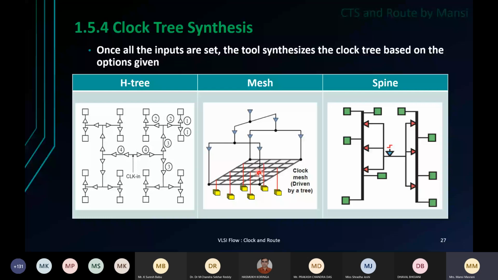Once from the main clock buffer it divides, it creates a mesh kind of structure at a certain metal layer. Let's say you have routed your clock on M10, M9, M8, then it will create a mesh at M6, M5, and all these intersections are going to work as clock drop-off points. From there the conventional CTS will happen till the flops.